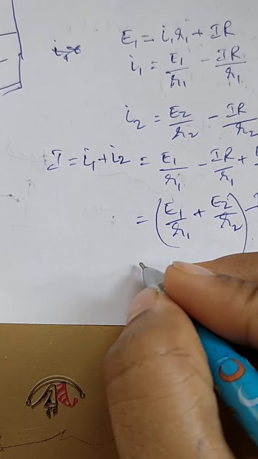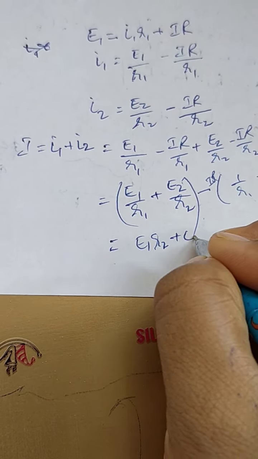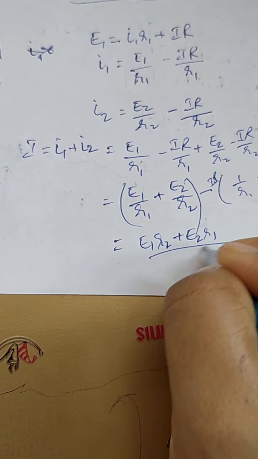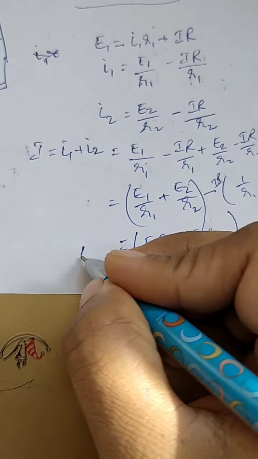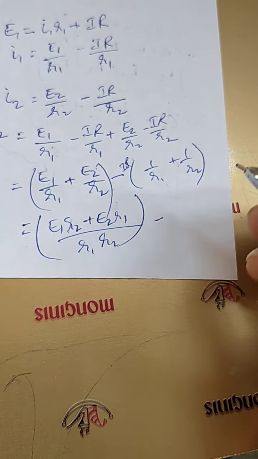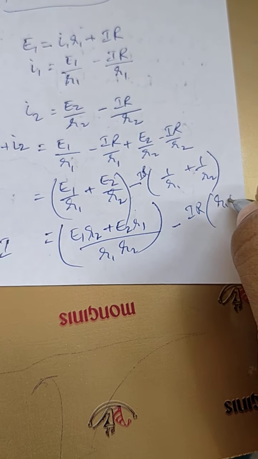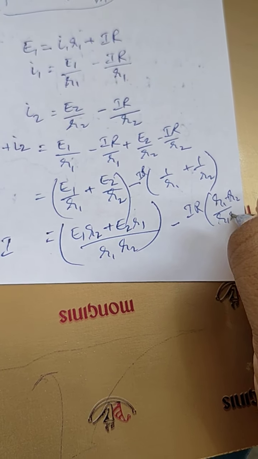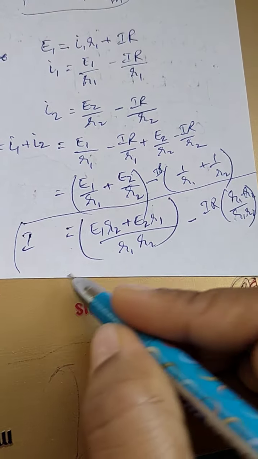So what you get is E1 r2 plus E2 r1 upon r1 r2, this is I, minus IR times r1 plus r2 by r1 r2. Okay, this is the expression for the total current.